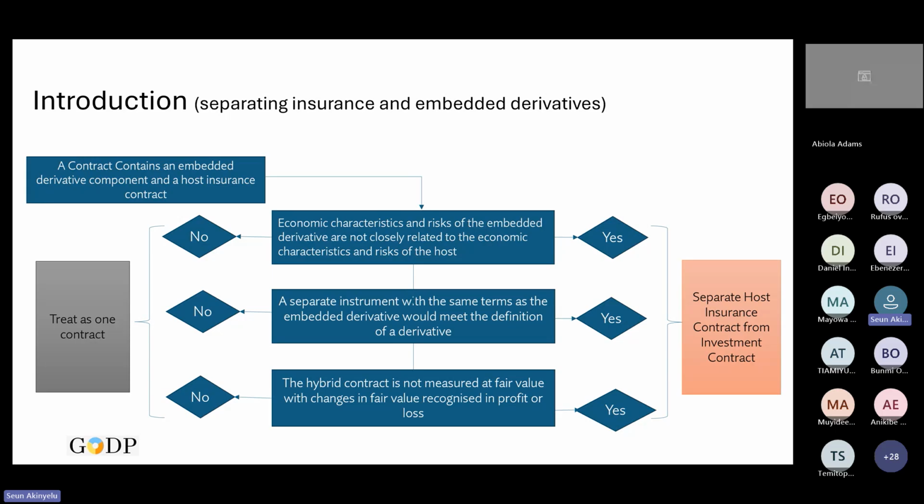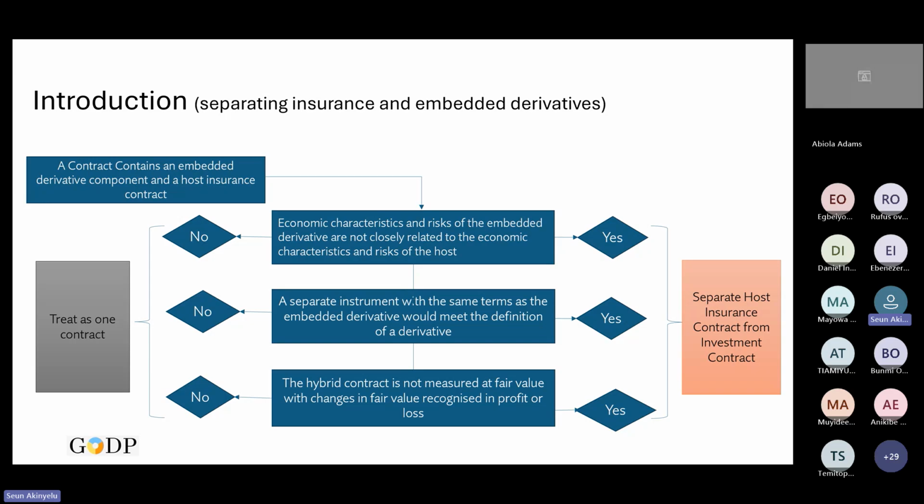He says, if you see a cat that is now barking like a dog, that is an embedded derivative. Meaning it's not behaving based on its characteristics. So for example, a bond is supposed to behave in a particular way, but that bond is now behaving like equity. That has some level of an embedded derivative in there.